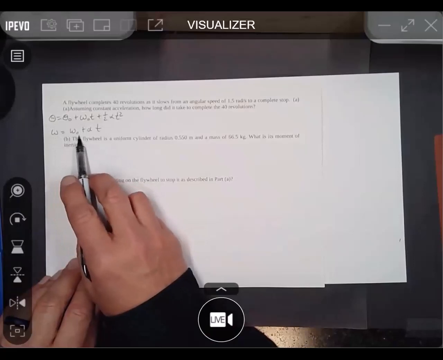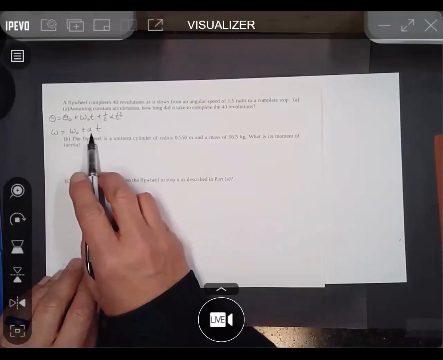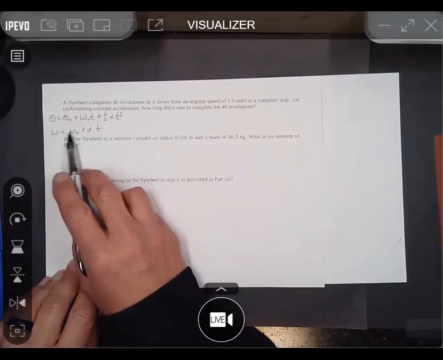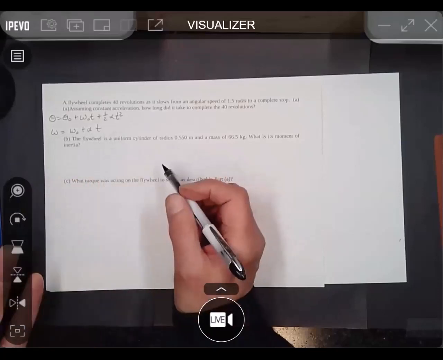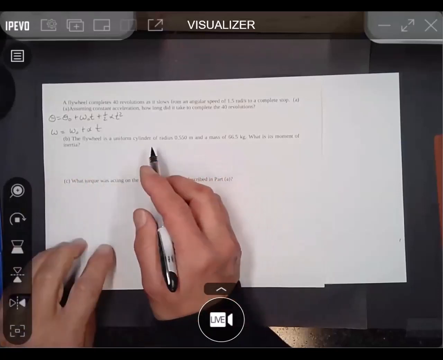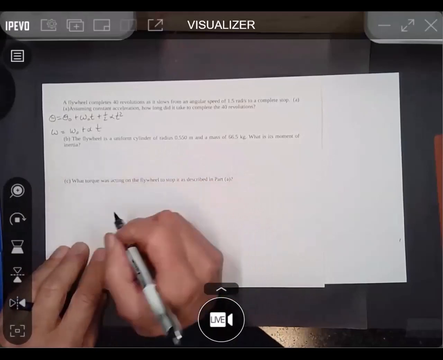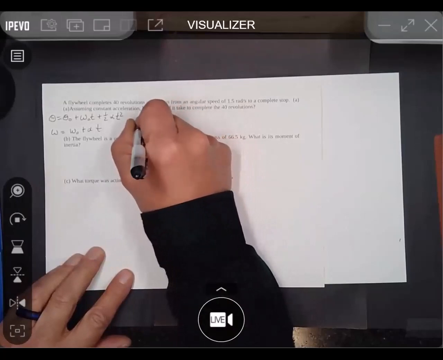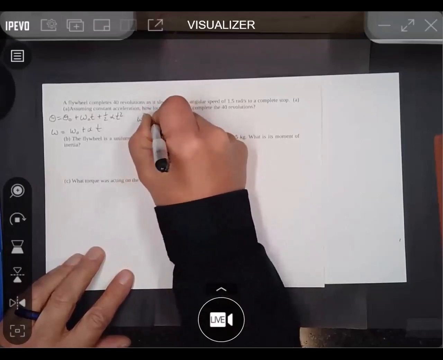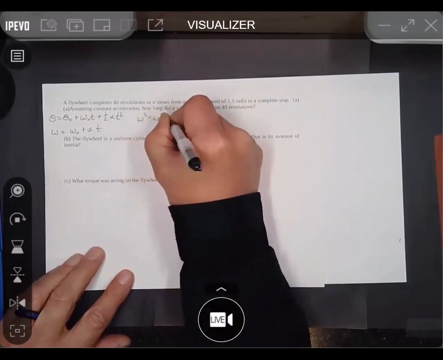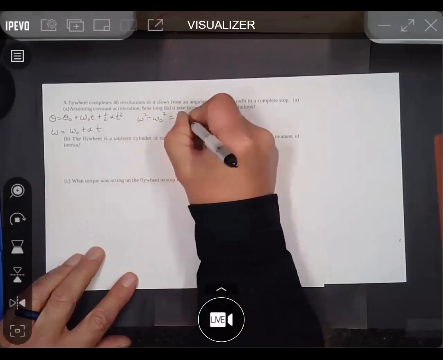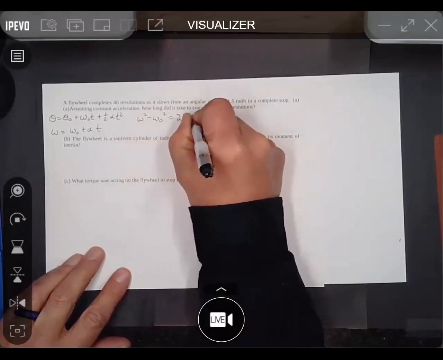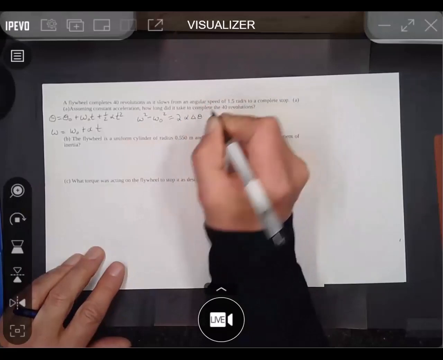And then we might be able to solve for alpha, and then solve this thing for the time. Actually, no, we don't know the time. But there's another equation, which is omega squared minus omega naught squared equals 2 times alpha times delta theta.